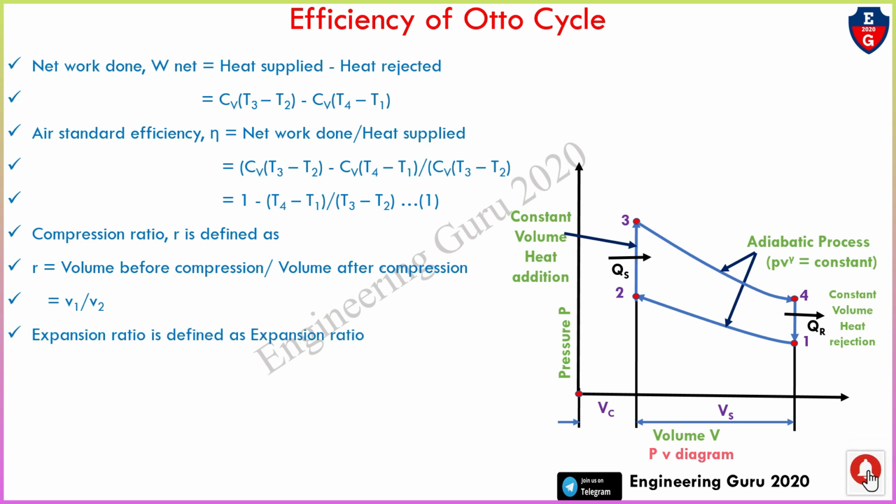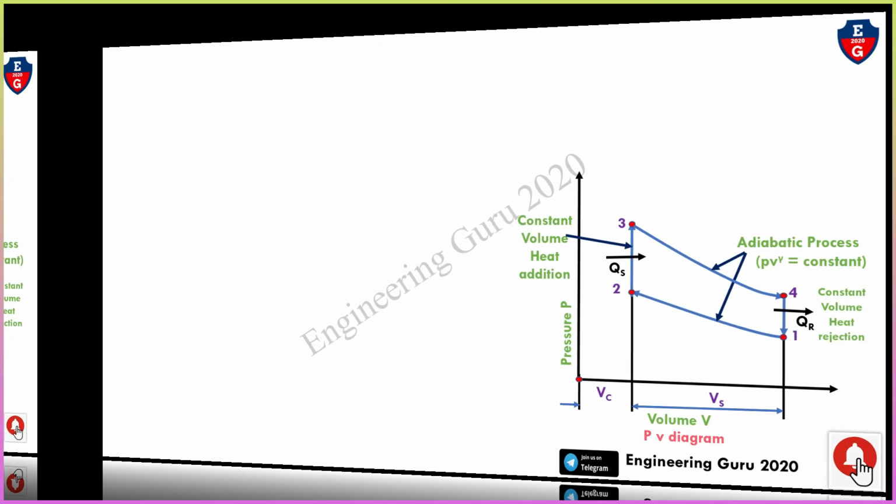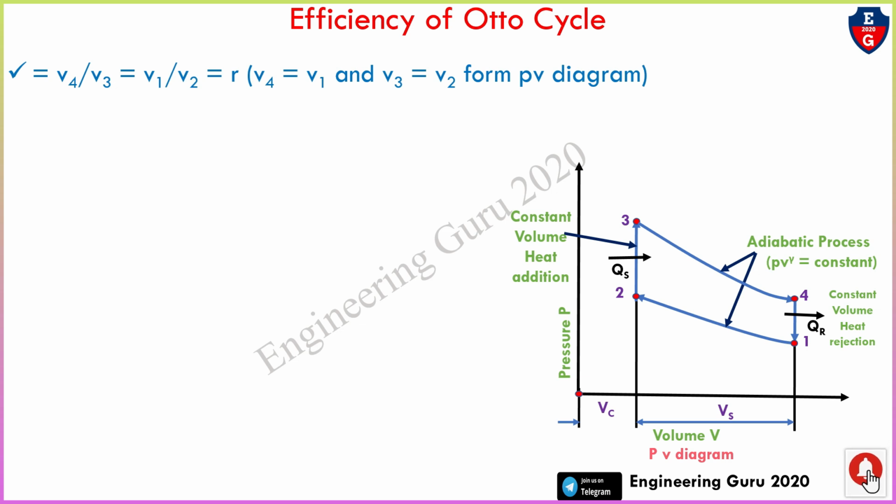Expansion ratio is defined as the volume after expansion divided by the volume before expansion, equal to V4 divided by V3, which equals V1 divided by V2, equal to r, where V4 equals V1 and V3 equals V2 from the PV diagram.